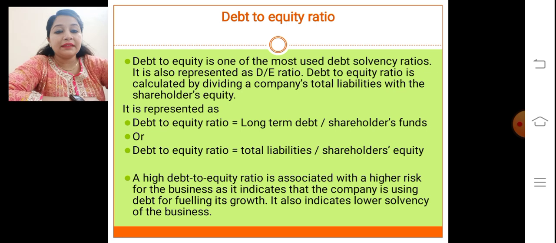It means long-term debt upon shareholders' fund, or the other formula is total liability upon shareholders' equity. A higher debt to equity ratio is associated with higher risk for the business, as it indicates that the company is using debt for fueling its growth. It also indicates low solvency of the business.